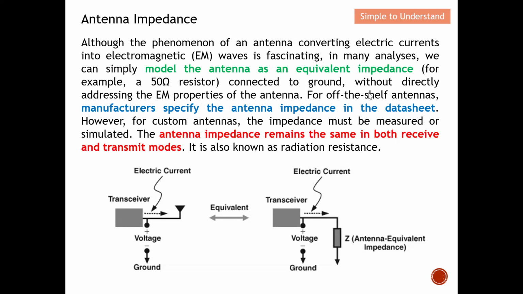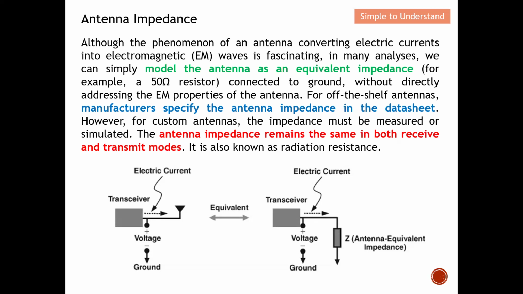For off-the-shelf antennas, the manufacturers specify the antenna impedance in the datasheet. In short, for the antennas that you can actually buy, the manufacturer indicates the antenna impedance in the datasheet. However, for a customized antenna, the impedance must be measured or simulated, because for a customized antenna, the impedance will change with frequency.